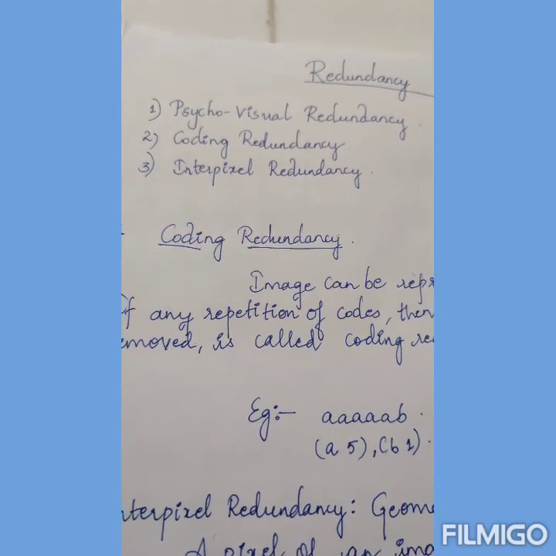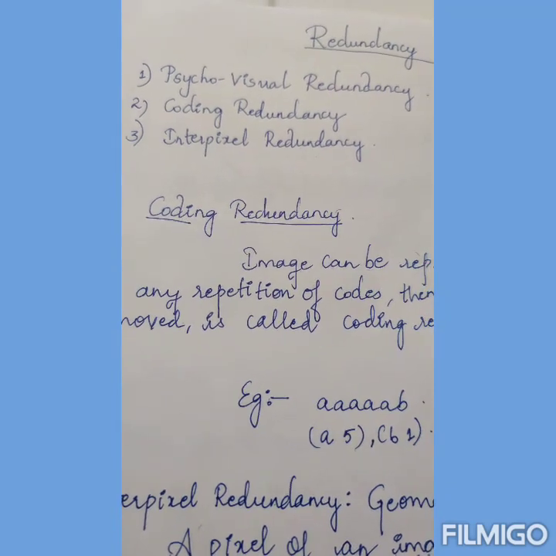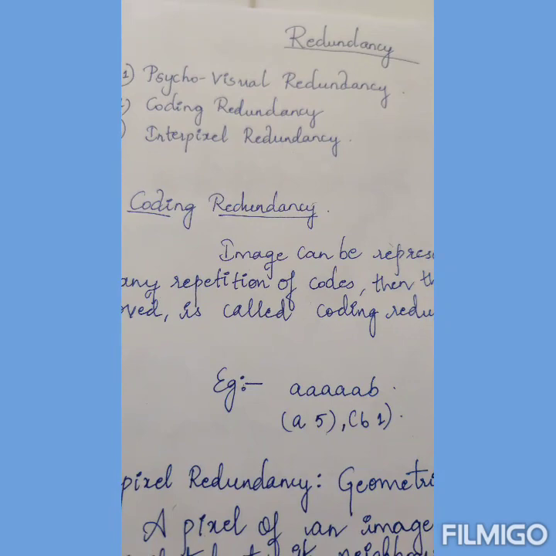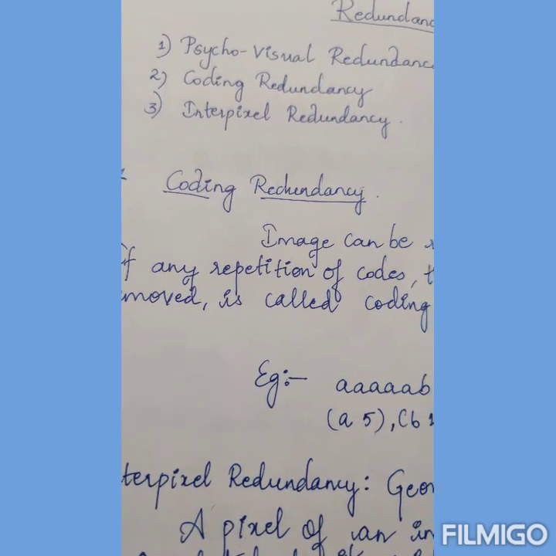So that is called psychovisual redundancy. That means our eye is not able to detect that particular redundancy. It is not making any difference to our eye. We feel the image is the same.